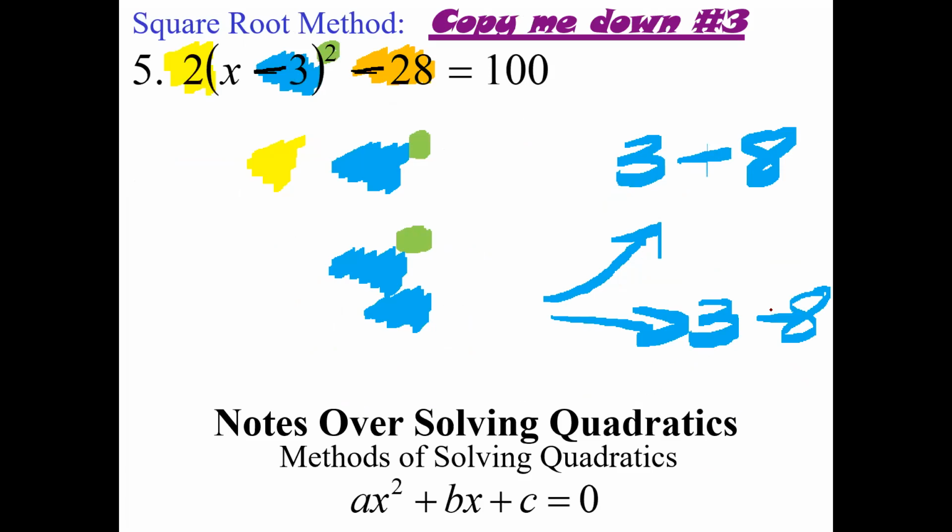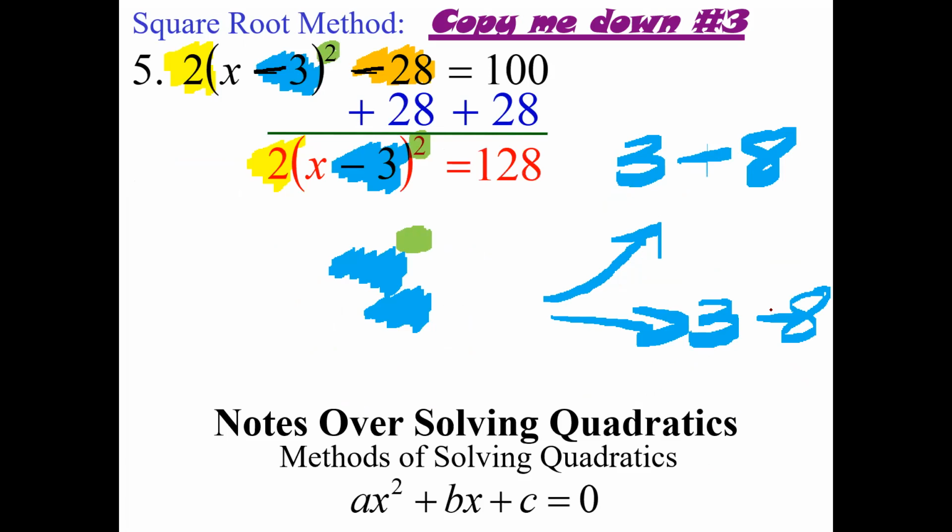All right, you guys, we're going to copy the example down on number 3. Okay, this one's a little bit difficult because you have a bunch of numbers here. The first thing I want you to do is get rid of the orange, which is a -28. So we're going to add 28 on both sides. Next, I want to get rid of the 2. What's the opposite of times 2? Divided by 2.